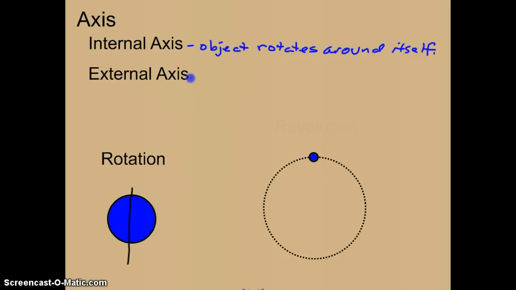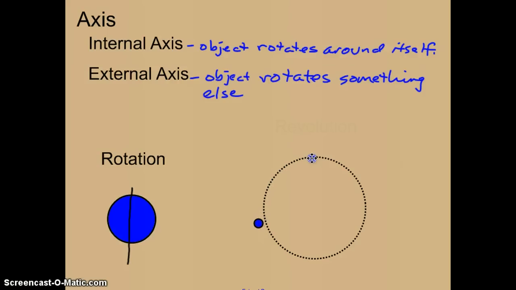The other type of axis is an external one. So obviously this is when an object rotates around something else other than itself. This would be like if I take this object here and it's rotating this way.